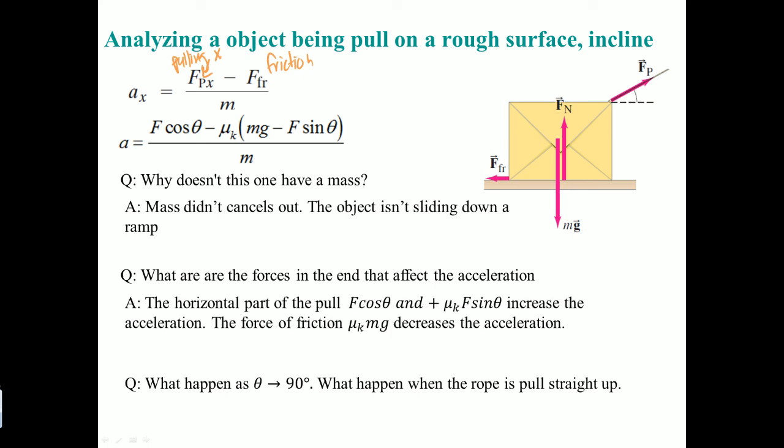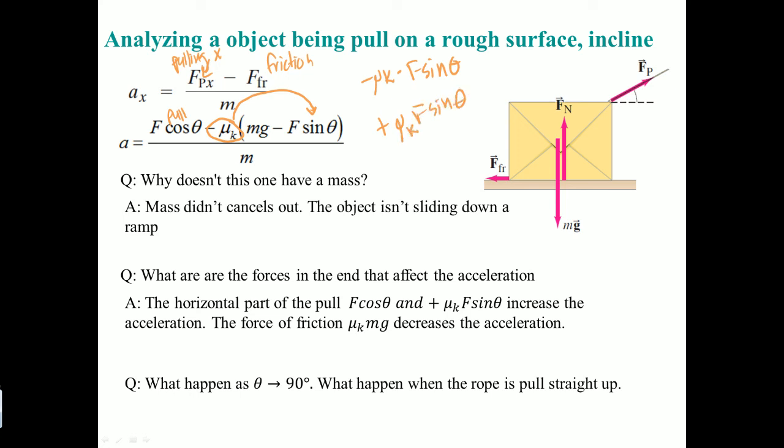What are the forces in the end? Well, you have an F cosine theta part here, which is the pulling part. Then do you see the negative mu k? If you distribute this over to this side, a negative mu k times a negative F sine theta will equal a positive number, mu k F sine theta.